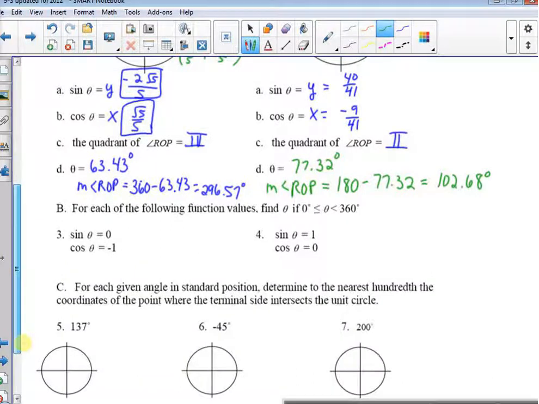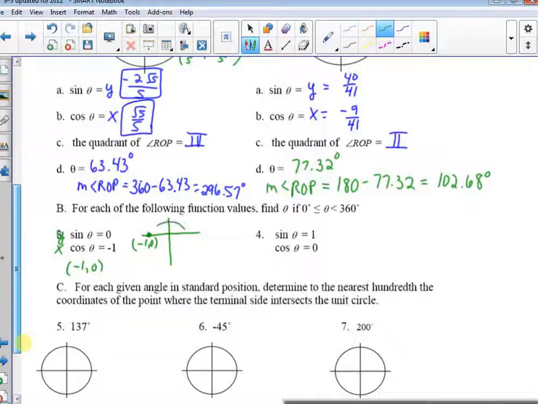Now, next, for each of the following function values, find theta if it's between 0 and 360. So sine theta equals 0 and cosine theta equals negative 1. I am envisioning my unit circle, with x-coordinate and y-coordinate. So where is it that it's negative 1 comma 0? Because that would be the x-coordinate. So negative 1 comma 0 would be right here.